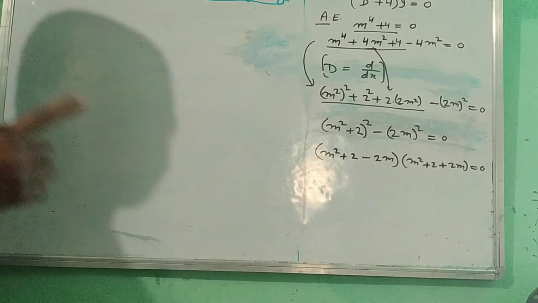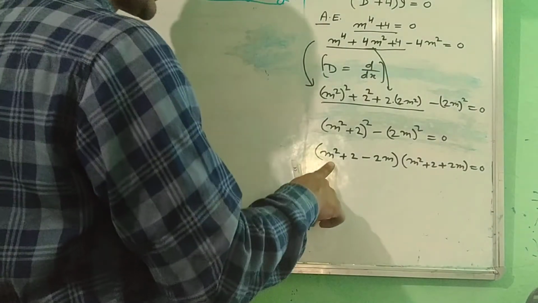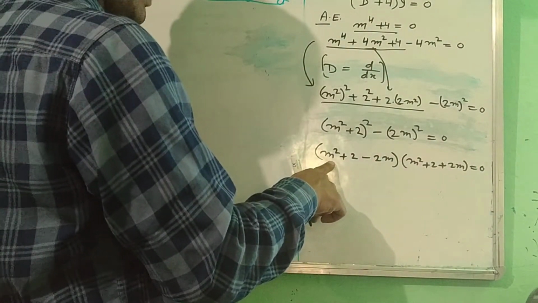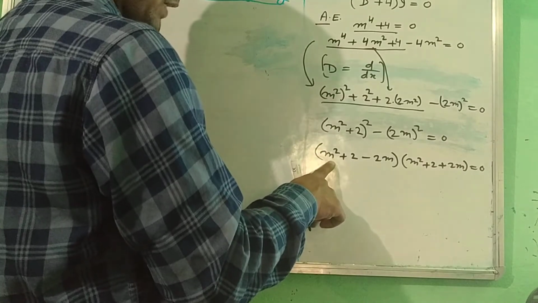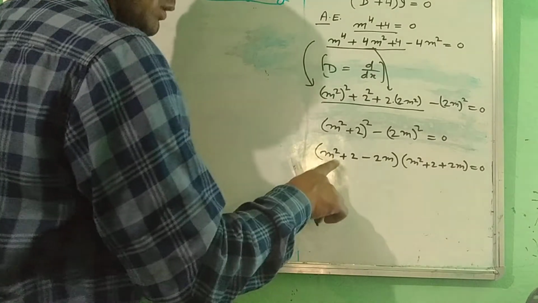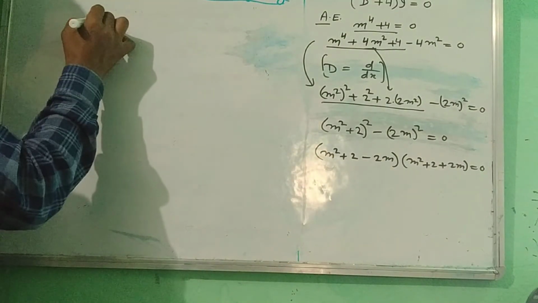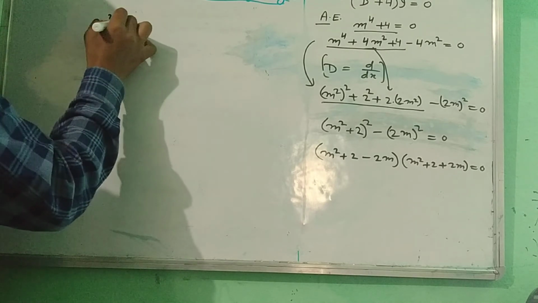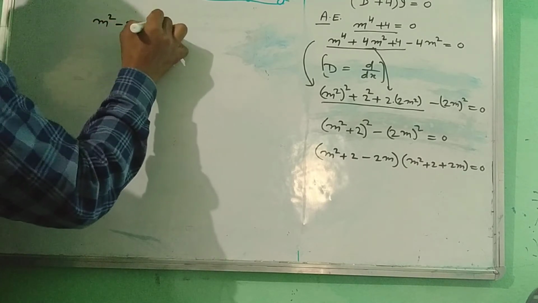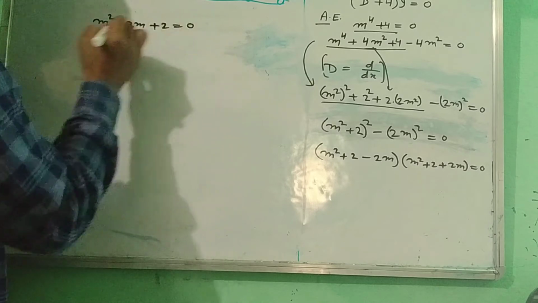Now we have two second degree polynomials, and we find the roots of these equations. The first is m^2 - 2m + 2 = 0.